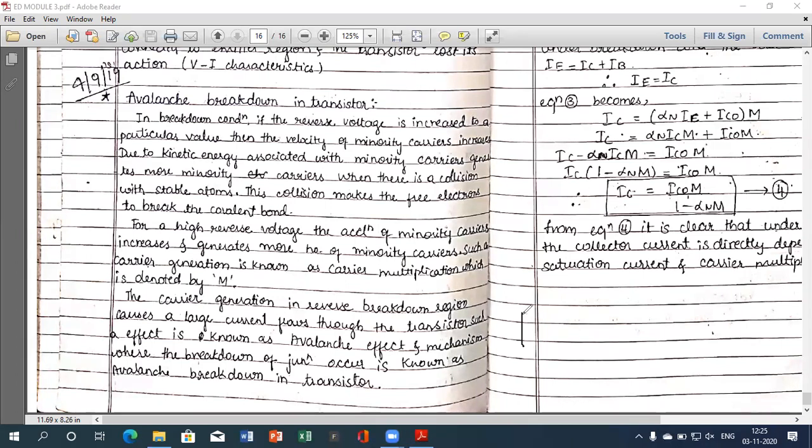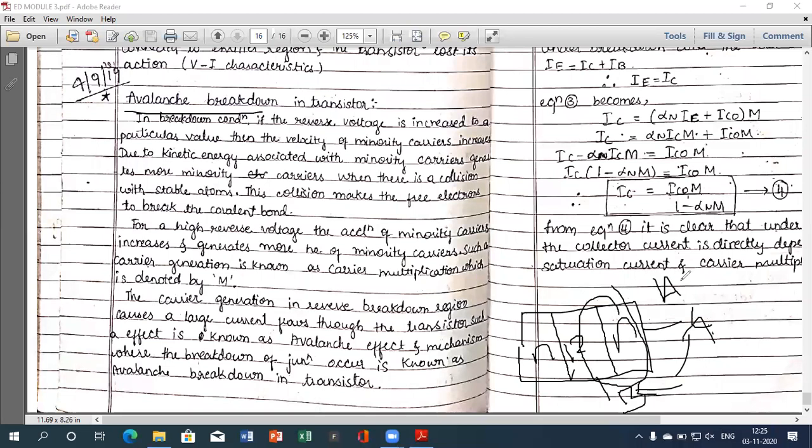This is our NPN or PNP transistor. It has three regions like this. This is N, this is P, this is N. This is the collector, and this is the base. Now, this avalanche breakdown will always appear between collector and base, because only these two terminals are operated under reverse bias condition when the transistor is in active region.